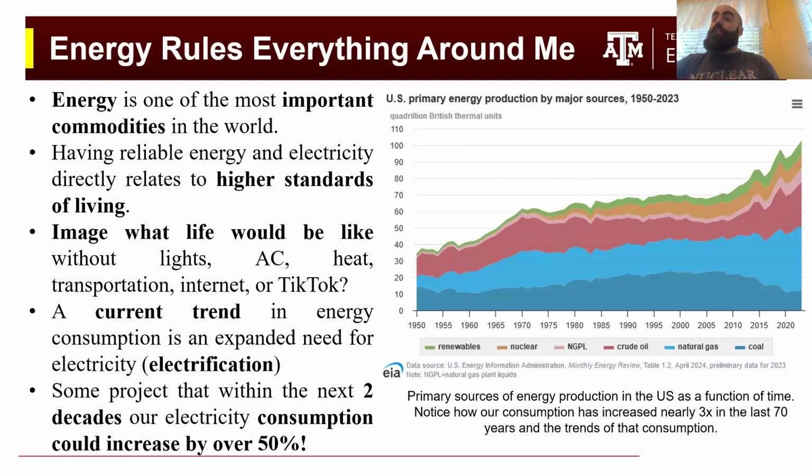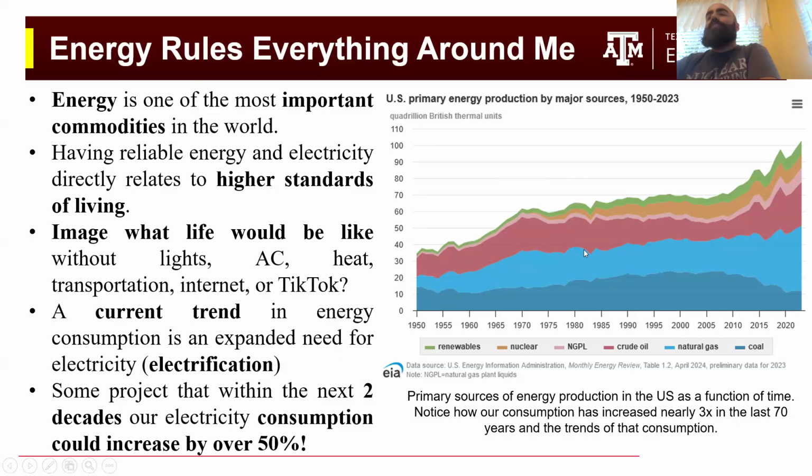And the amount of energy that we use is going to continue to go up considerably because of factors relating to how our societies are changing. A lot of that is driven by electrification. In some places, we're shifting away from burning fossil fuels to using electricity instead of combustion.